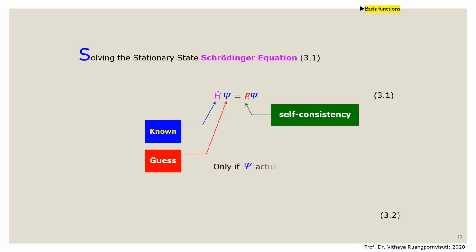We will obtain the energy E only if the wave function psi actually is the wave function. Otherwise, the Hamiltonian H acting on wave function psi is not equal to E times the wave function psi.